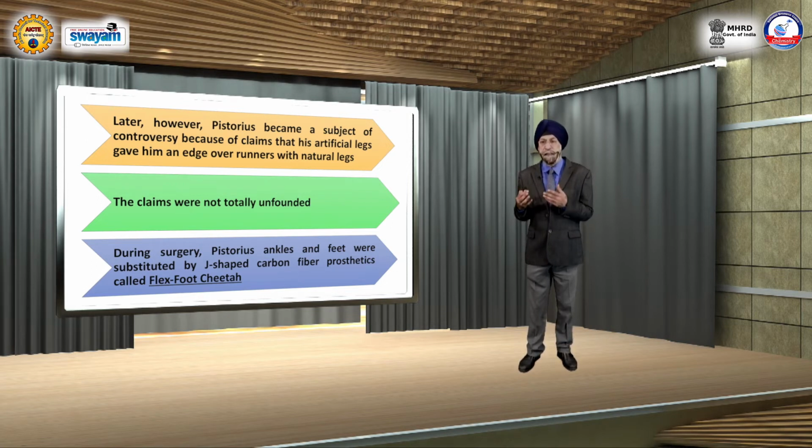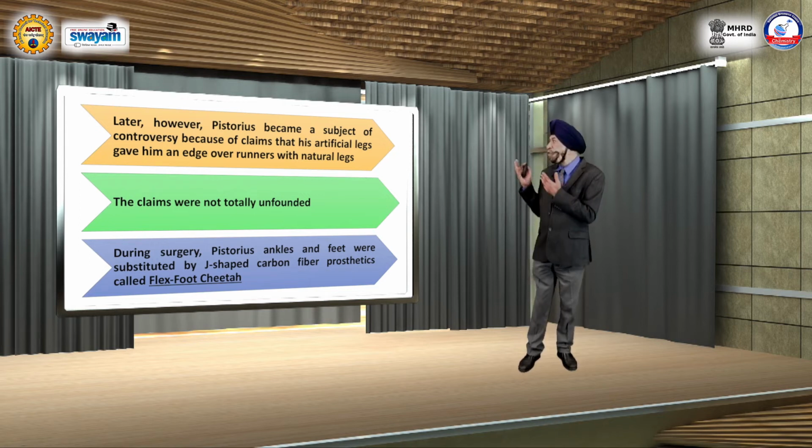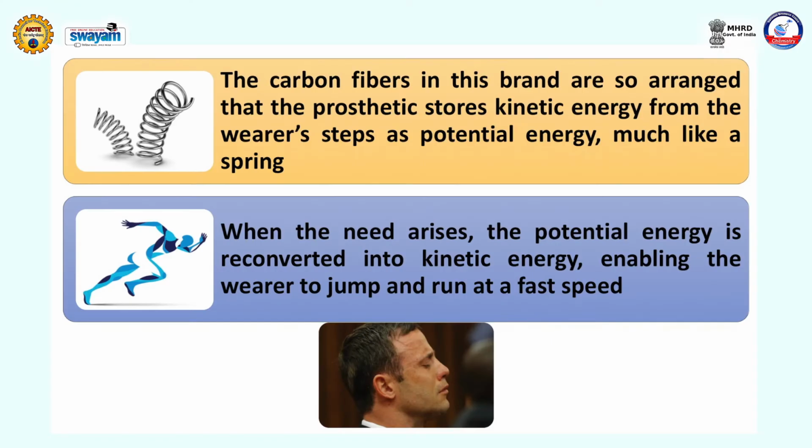During surgery, Pistorius' ankles and feet were substituted by J-shaped carbon fiber prosthetics called flex foot cheetah. The carbon fibers in this brand are so arranged that the prosthetic stores kinetic energy from the wearer's steps as potential energy, much like a spring.